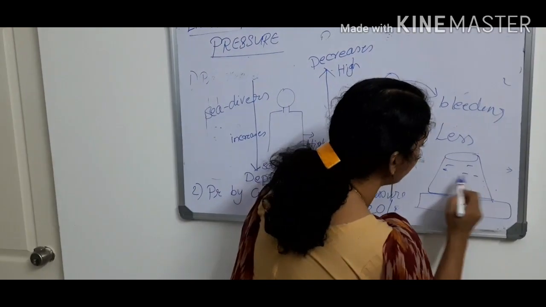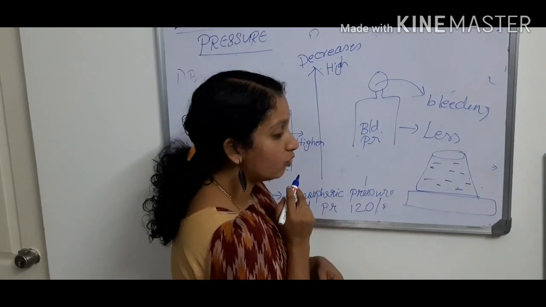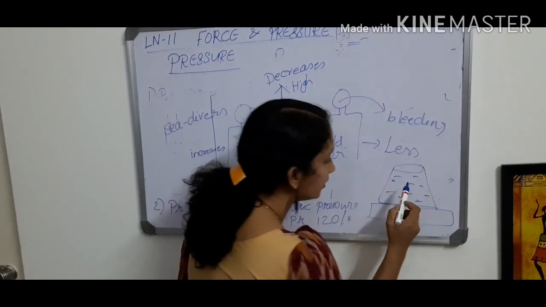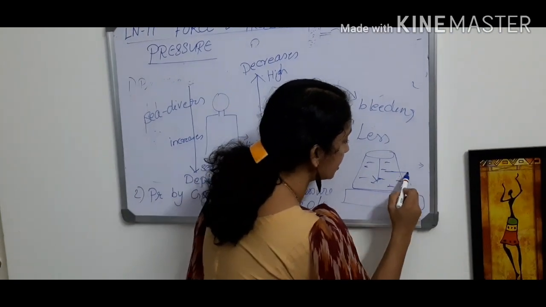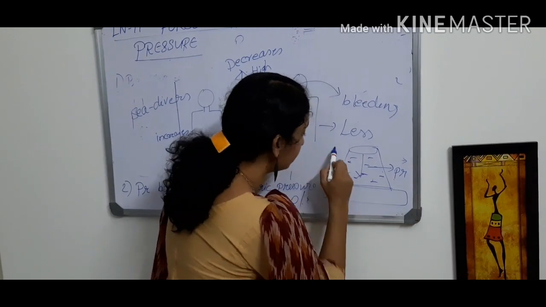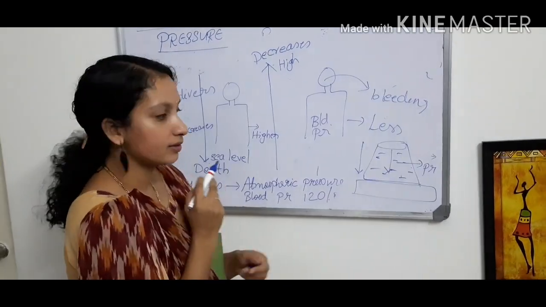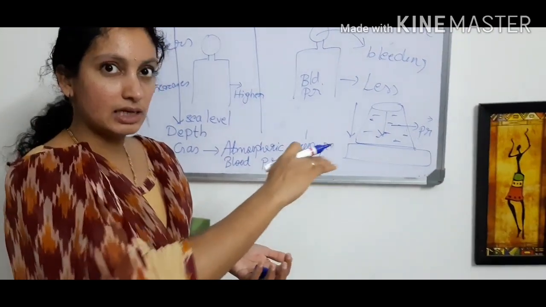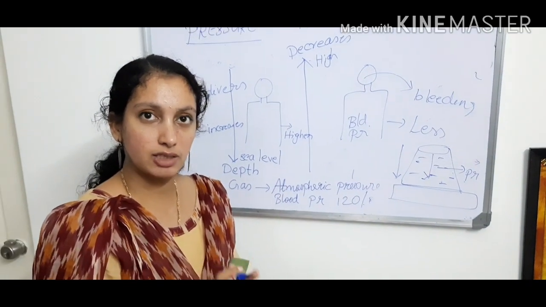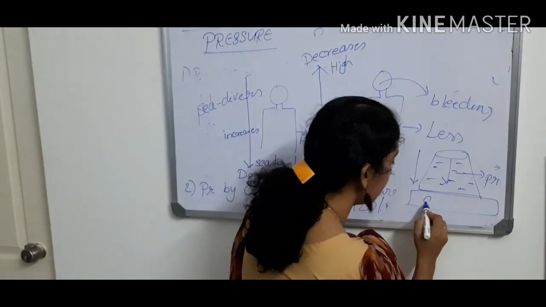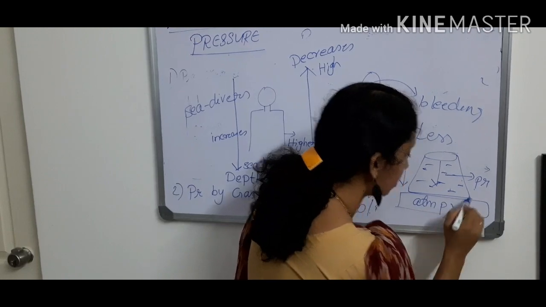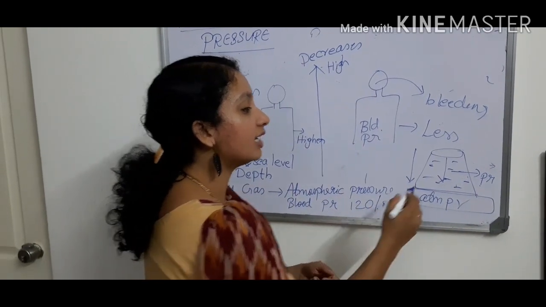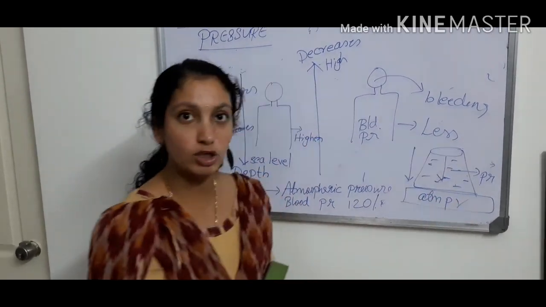So it is full of water. So what happens? This water molecule is exerting some pressure downwards. And on your palm, there will be some atmospheric pressure created by the air molecules. So here we have some atmospheric pressure. This pressure is more than the pressure exerted by the water molecules.